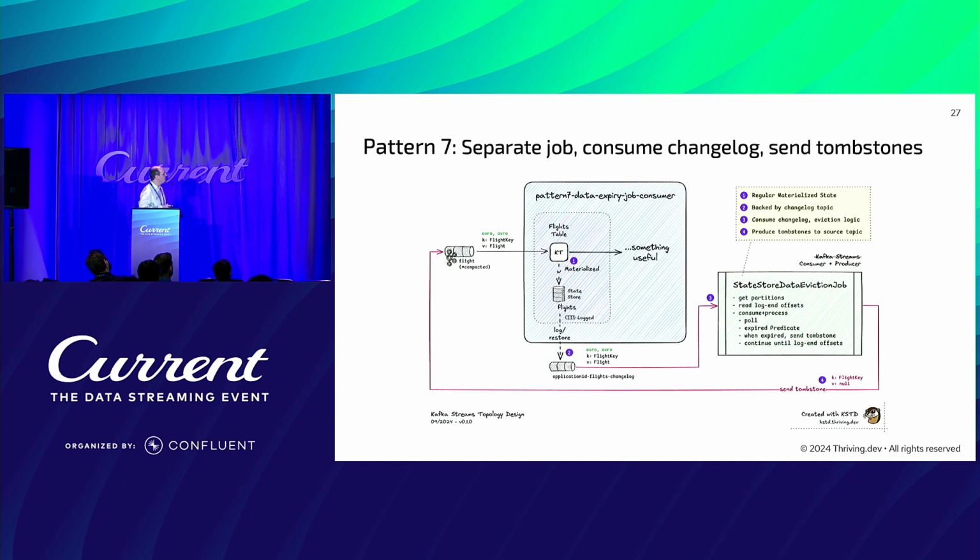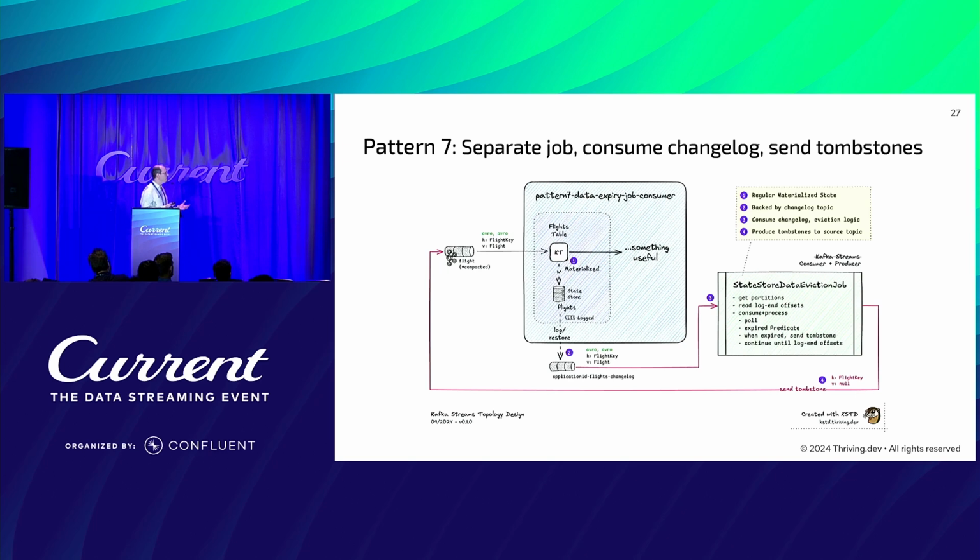In this example, we have a KTable which has materialized state, so we have an underlying state store, and the state store by default is logged, meaning we have a changelog topic. The pattern used here is simply a separate job, I just call it job. It's just a process. It's not Kafka Streams, it's just a regular consumer and producer that consumes from that changelog topic.